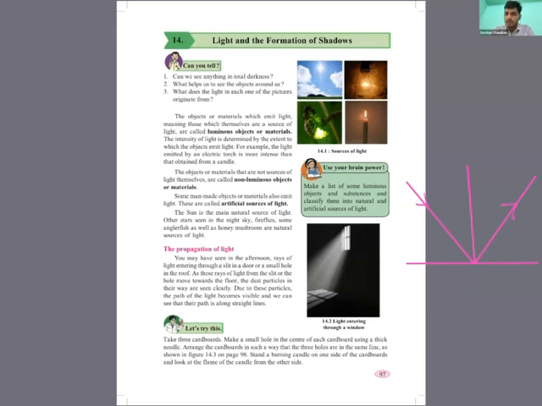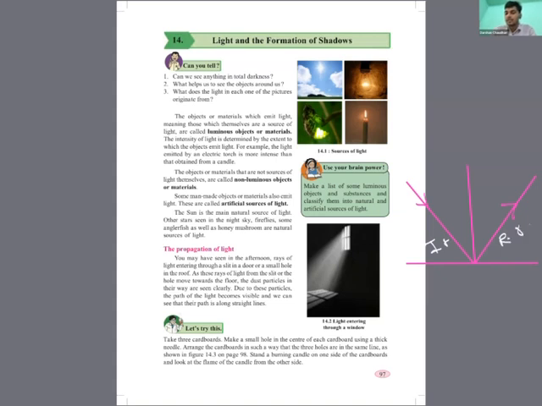This is the incident ray. This is the reflected ray.